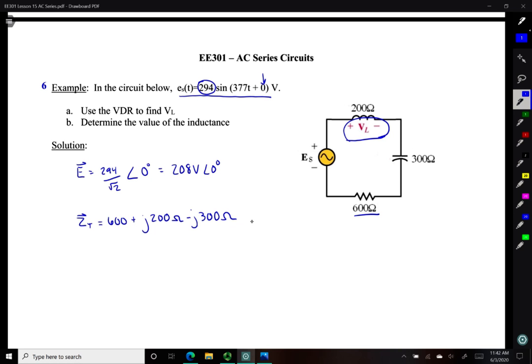Alright, so combining our two j terms, we get a total of 600 minus j100 ohms.